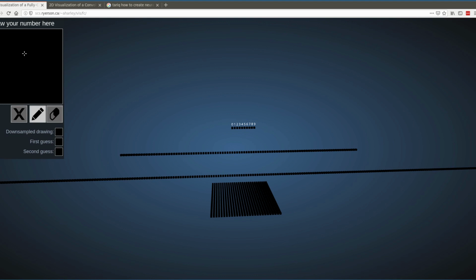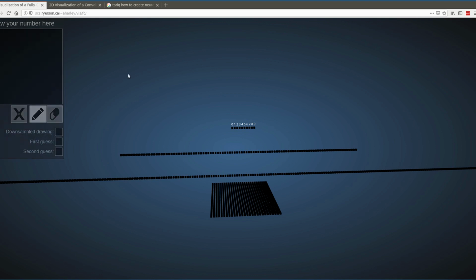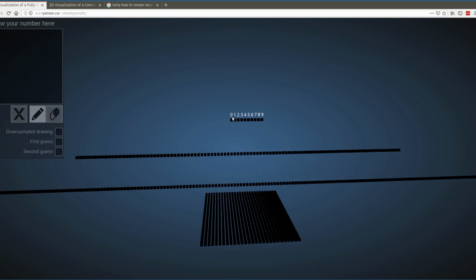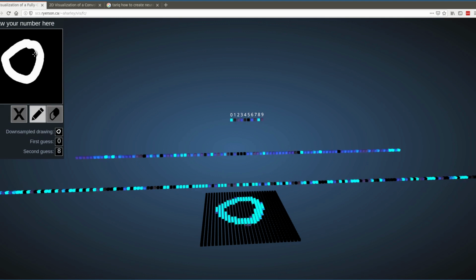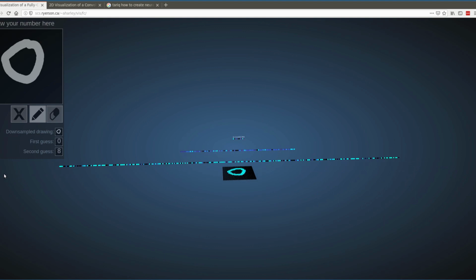This neural network is trained to recognize the patterns of the numbers 0, 1, 2, 3, 4, 5, 6, 7, 8, 9. This means that when I write the number 0, this pattern is created.